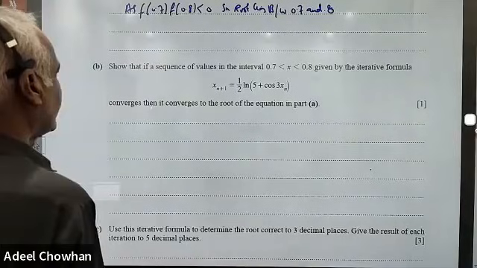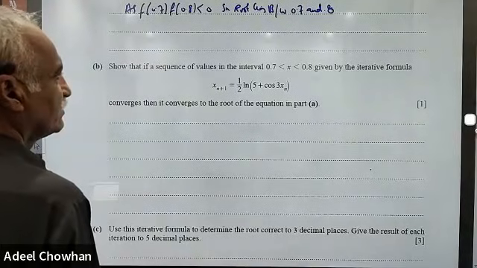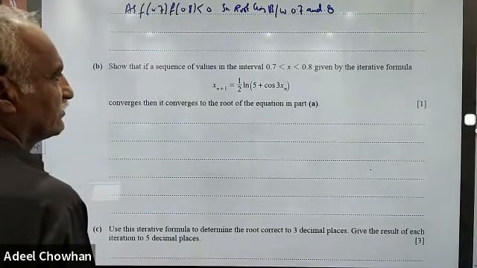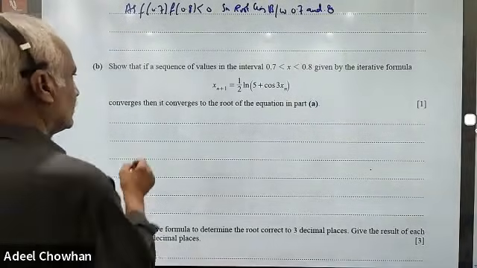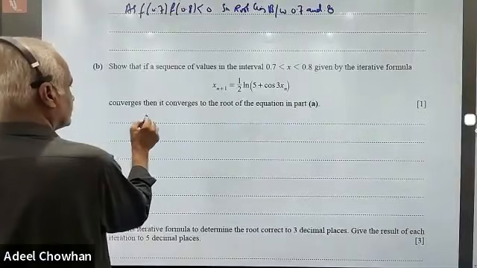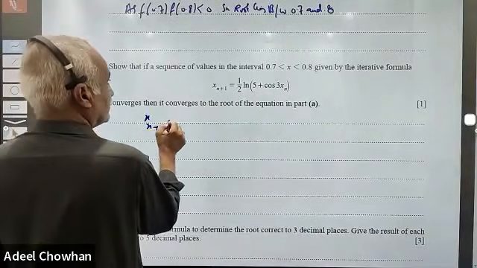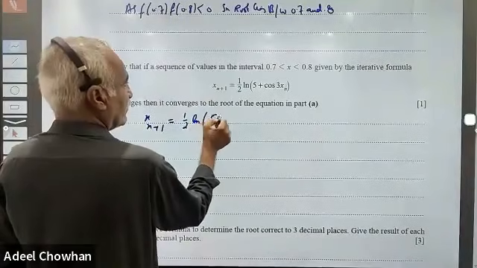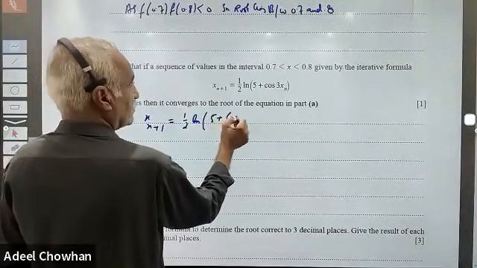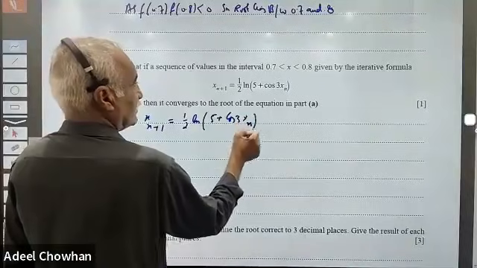Show that the sequence of values in 0.7 to 0.8 is given by this iterative formula, x(n+1) = half ln of (5 + cos 3xn).